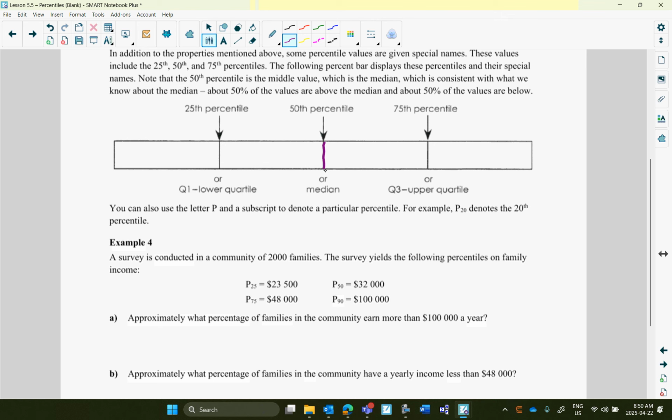If we have a 25th percentile, that means that 25% are here. Here, I'll do some colors.